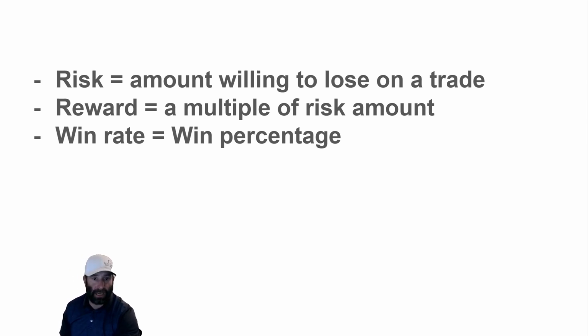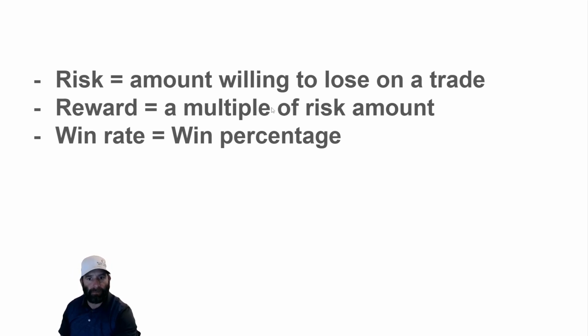So if you're risking $100 per trade, you want to target trades that are going to give you a multiple of at least 2x or 3x that $100. So you're risking $100 to get a reward of $200, $300, $400, etc. And your win rate is just simply your win percentage. How often do your trades turn out to be winners?